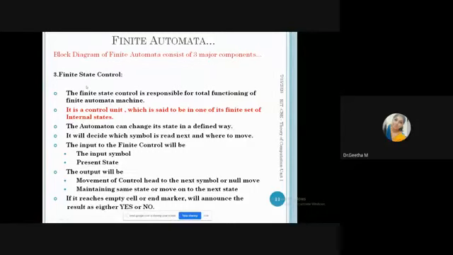Third component is finite state control. This is actually a major part here. See the second line. It is a control unit which is said to be in one of its finite set of internal states. So n number of states can be represented by this control unit. Always this control unit is in any one of its finite set of internal states.